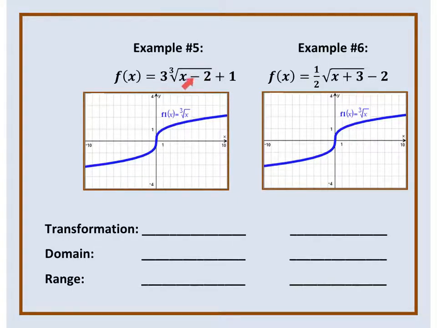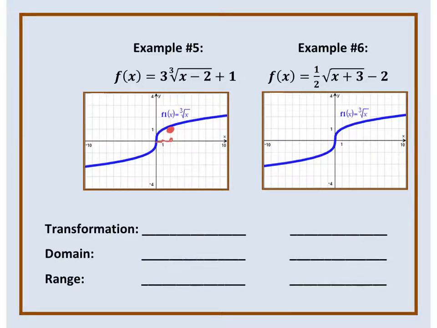We have an h of a +2, so the graph is going to go right 2 and up 1. Okay, so that's going to be our new center point where the graph is going to go around. And the graph is going to be taller than the graph we see.